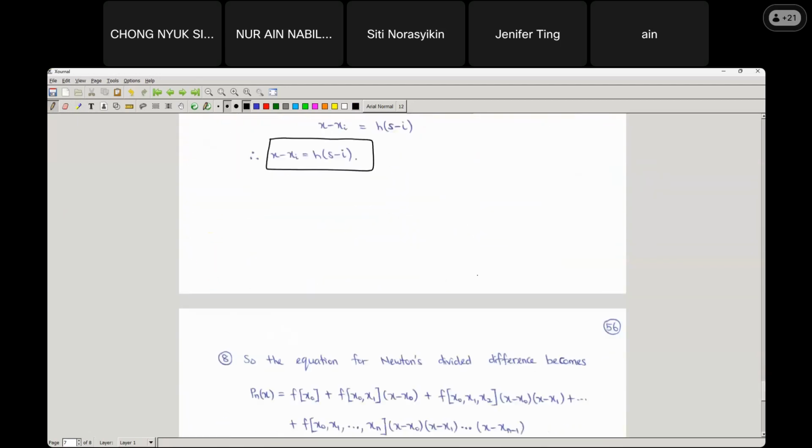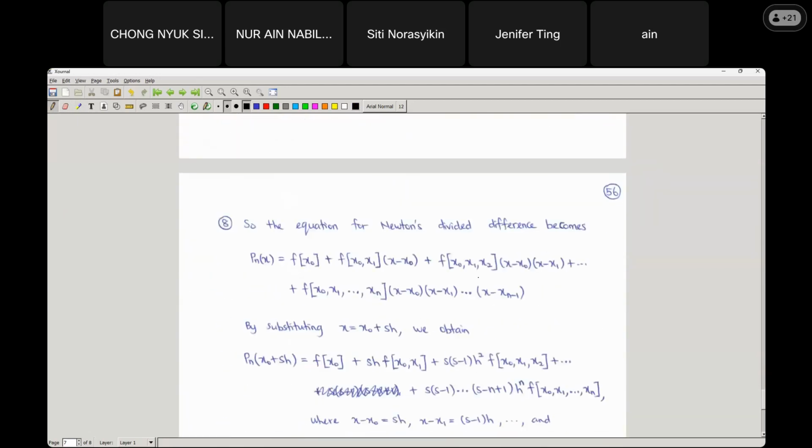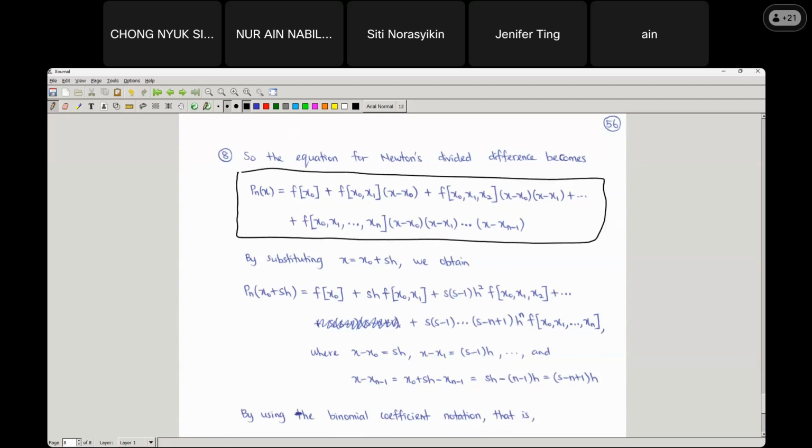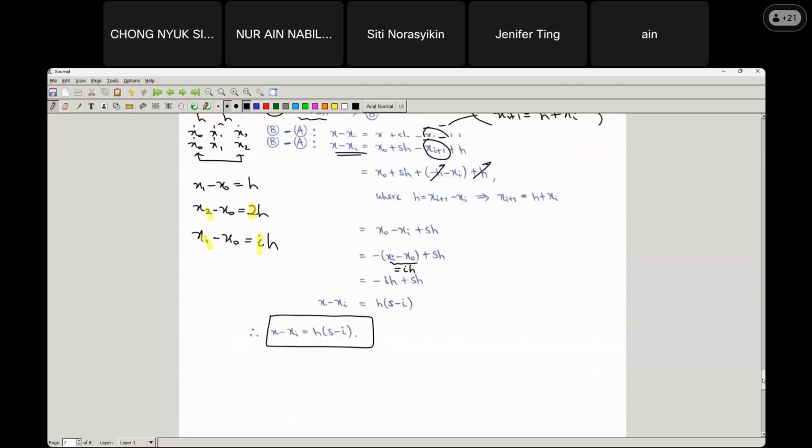So next, what are you going to do? Remember, this is your Newton's divided difference formula. What we want to do is substitute x equal to x0 plus sh. How do you get this information? It is from this page.